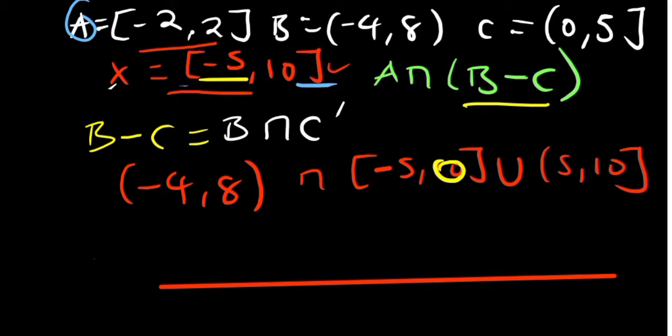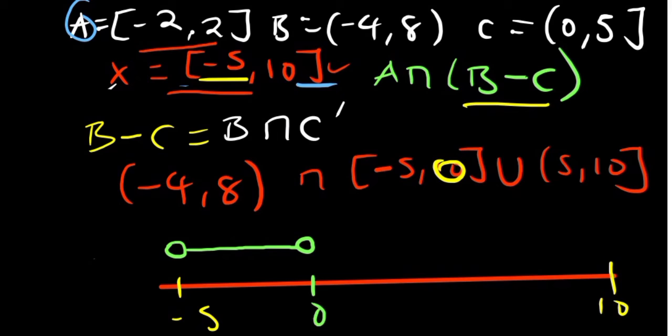Okay, so that's supposed to be a 0. Thank you. So we have -5 there and our 10 there. So what is our inverse set? Then we have our C complement, which is starting from -5 all the way up to 0.